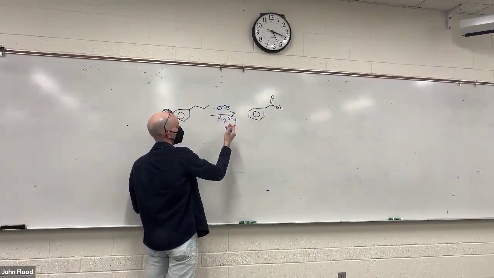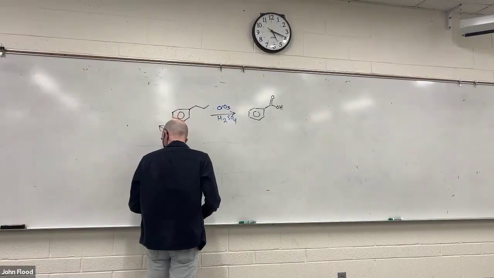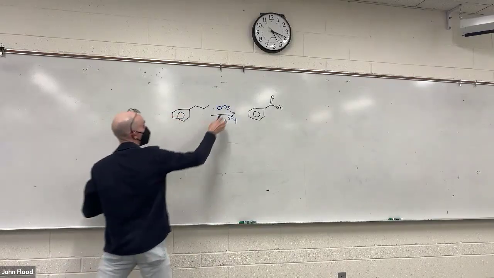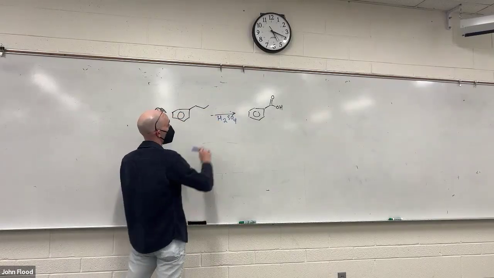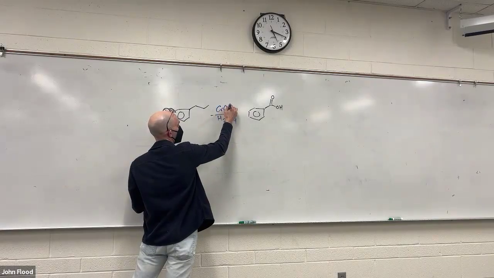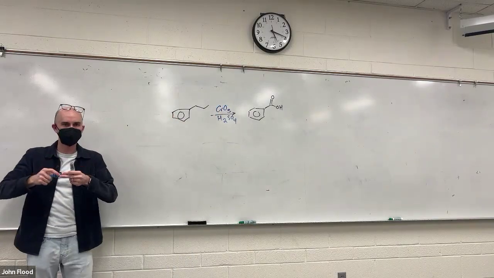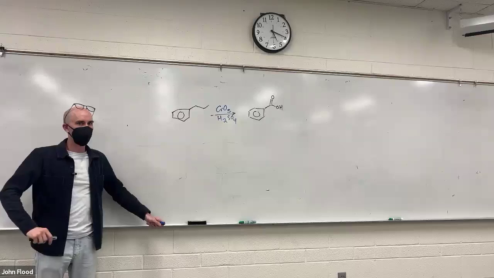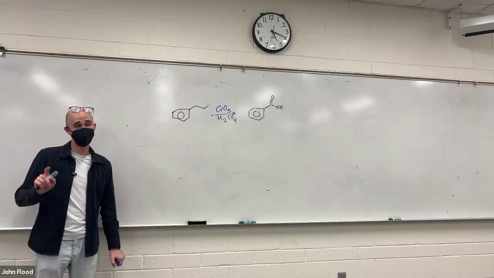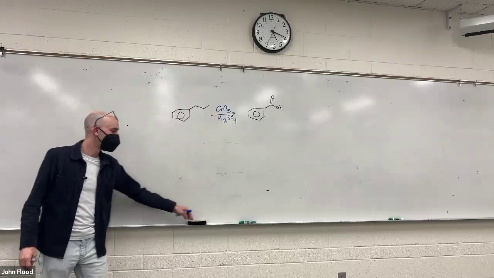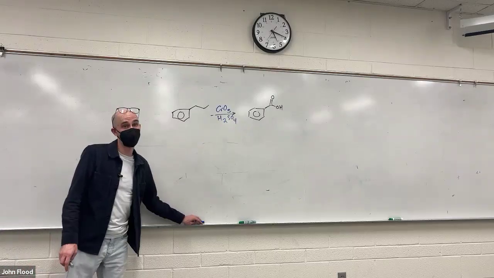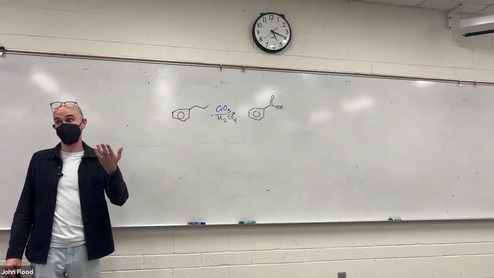Chromic acid looks terrible. Or we can use potassium permanganate boiling overnight. But chromic acid is a little bit, ooh, you know what? It's not better because chromium is not healthy for the environment, but it's faster.